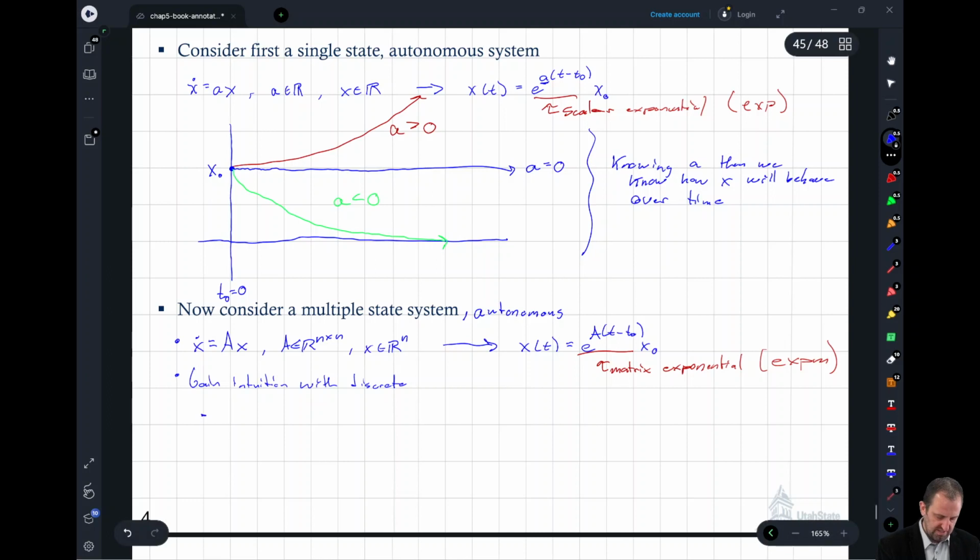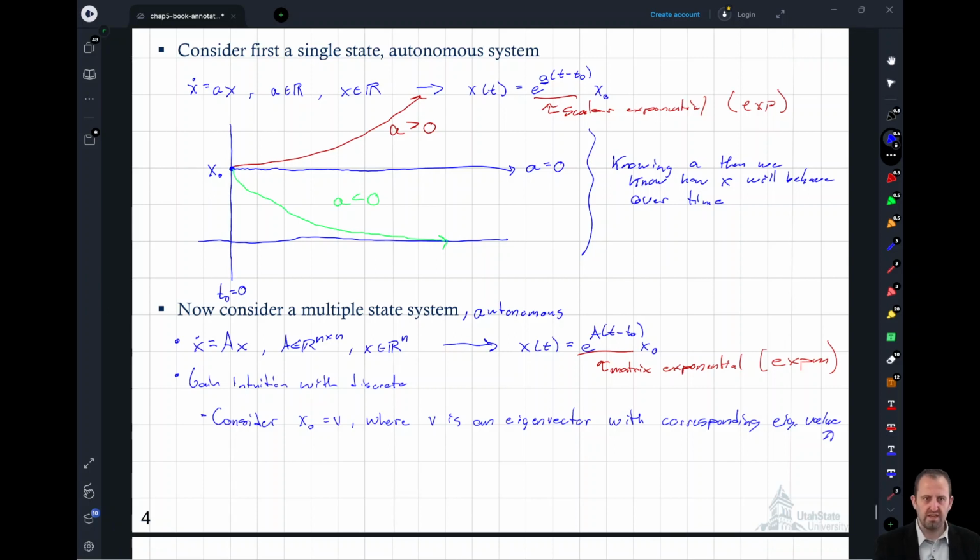So let's consider our x naught to be a special case. We'll say that it equals v, where we're going to say that v is an eigenvector with corresponding eigenvalue lambda.